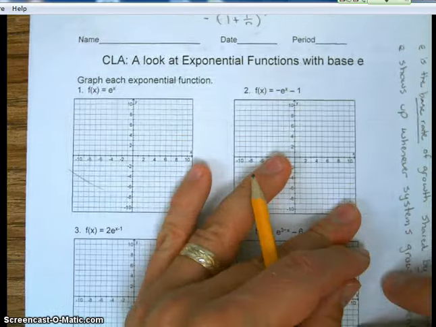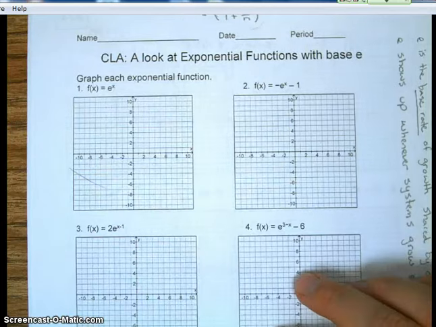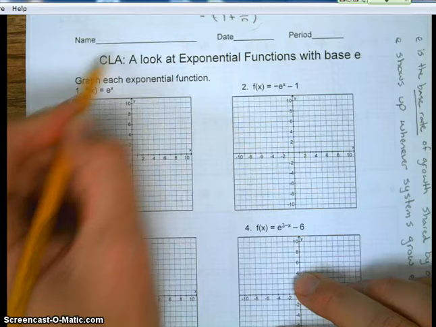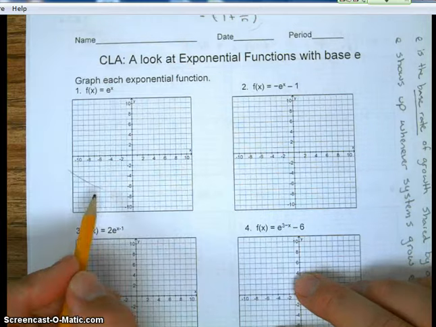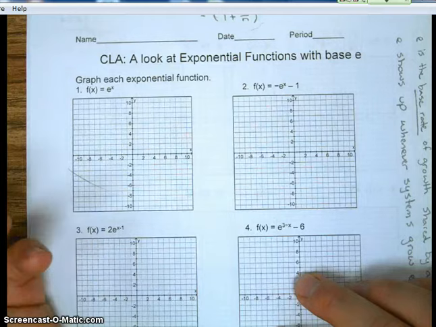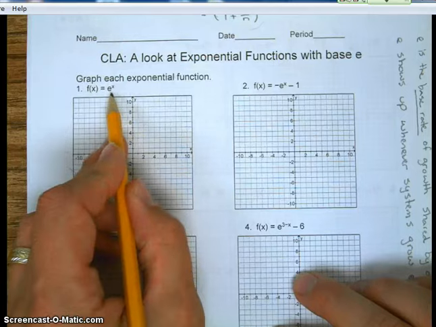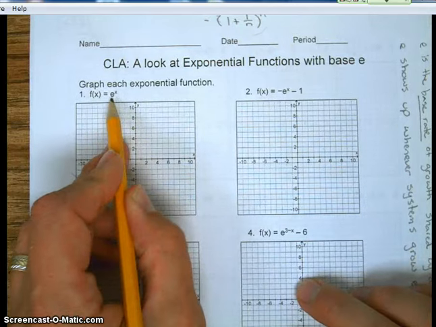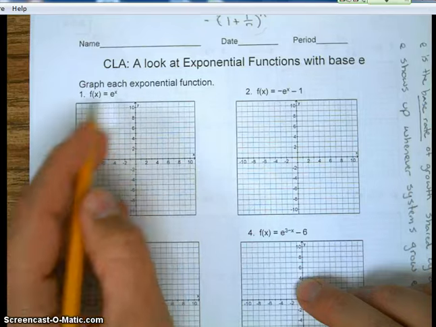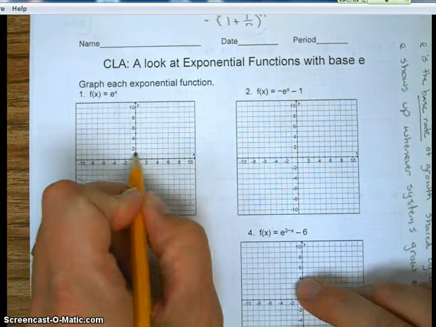So when graphing E, without using a calculator, we pretty much do the same thing we did for any other base. So if the base was 3 or 4, we have an increasing graph. Here the base is 2.71828, and so again, we have our point at (0, 1).